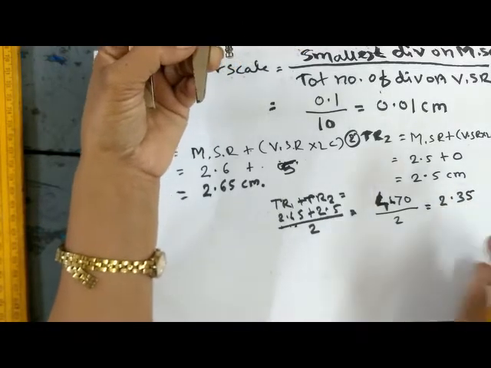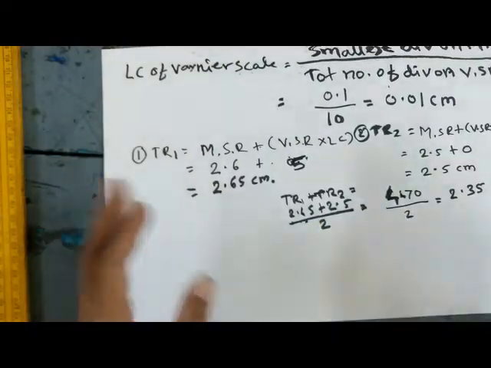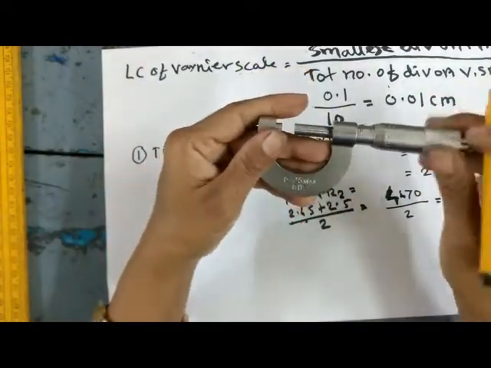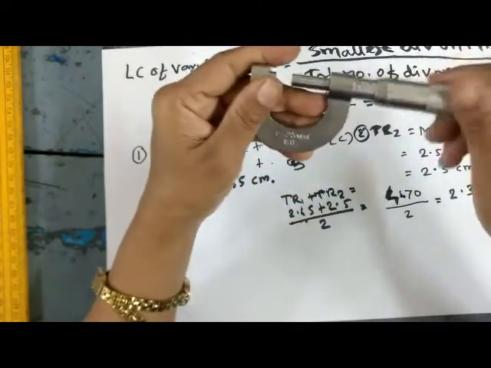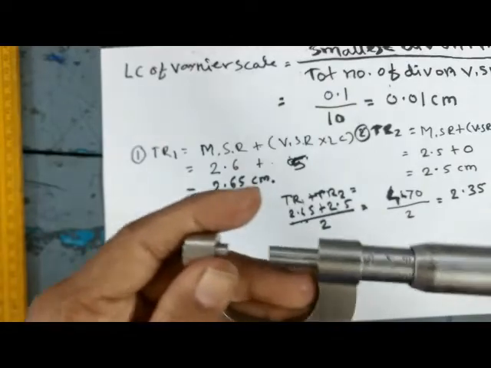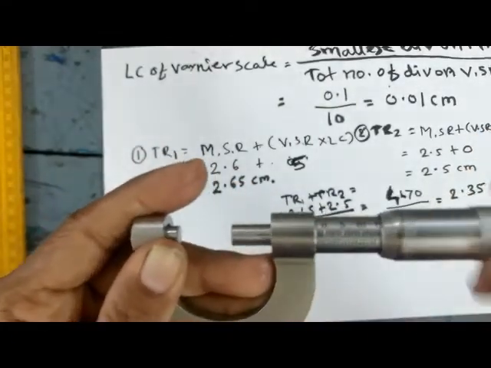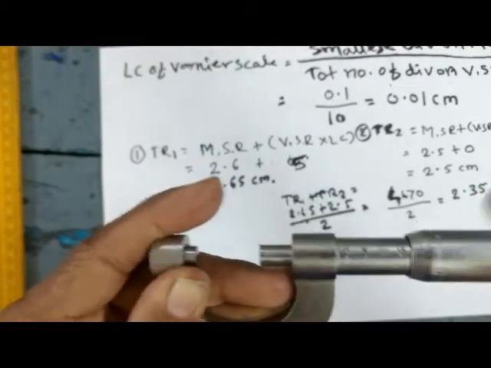So now we are discussing another instrument, the screw gauge. In this screw gauge experiment, see how this screw gauge looks. This is the main scale and this is the circular scale.